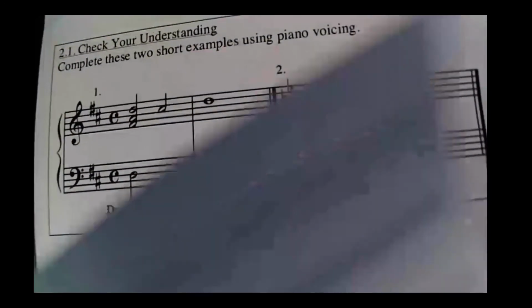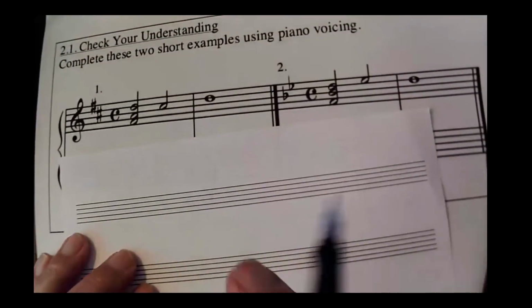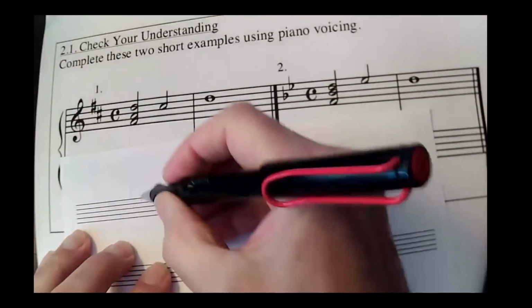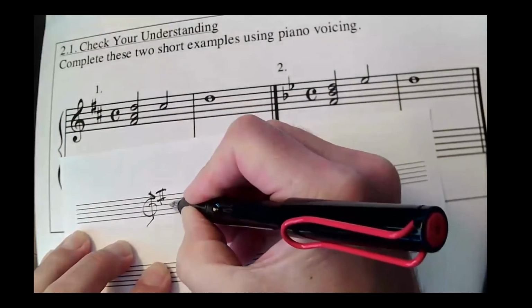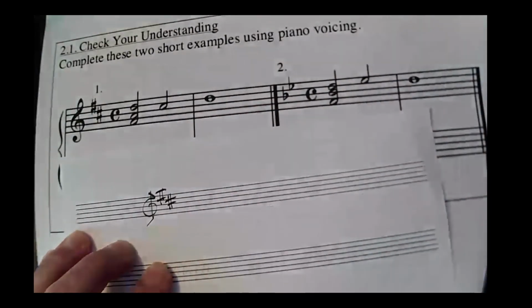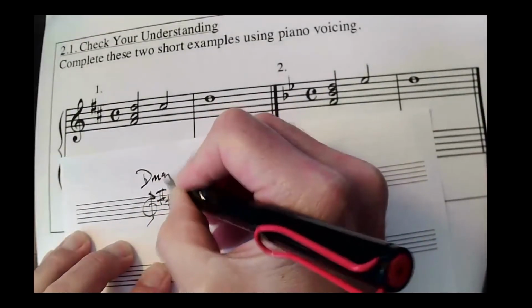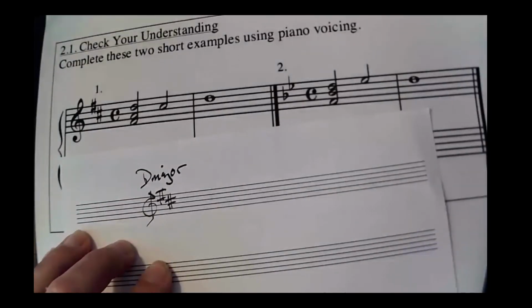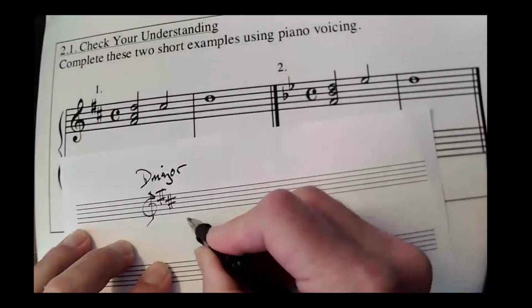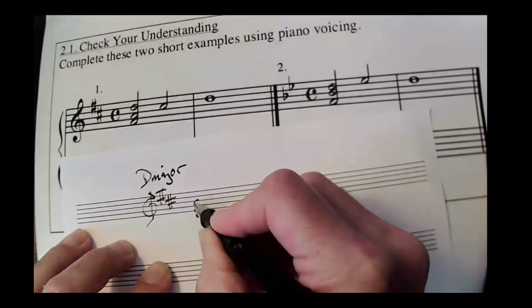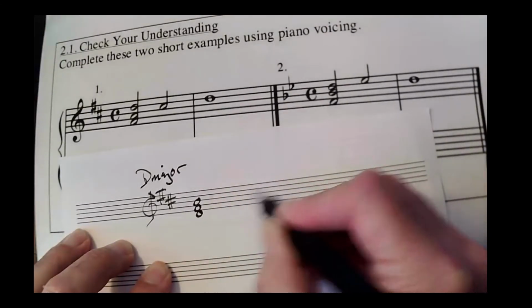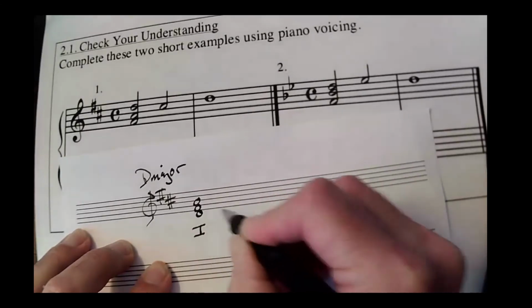Not a bad idea to have a piece of scrap paper, because if you're going to write chords in the key of D, it's good to have a reference for them. So I write the key signature of D. This is D major. And watch me do this as a little shorthand. I write the 1 chord, which is D, of course. I don't need to write all the chords, because remember, I only need 1, 4, and 5.